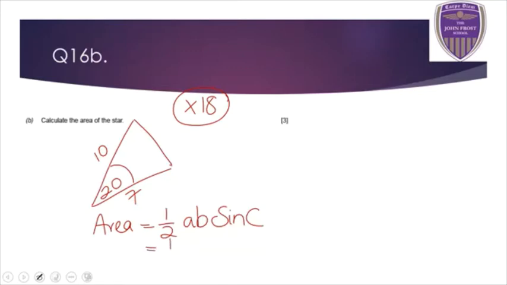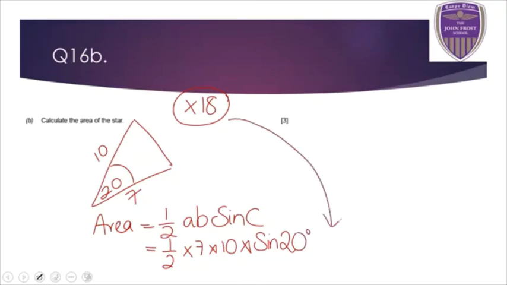You can substitute in half times 7 times 10 times the sine of 20 degrees. But for the whole shape, times 18, and you can put it straight into the calculator, and the answer is 215.5 centimetres squared.